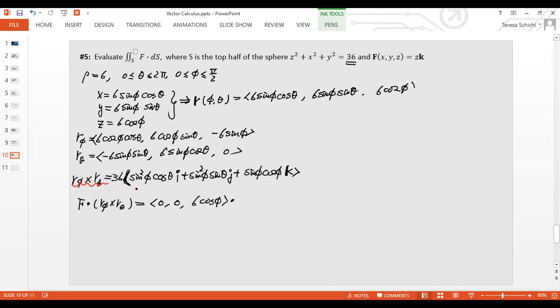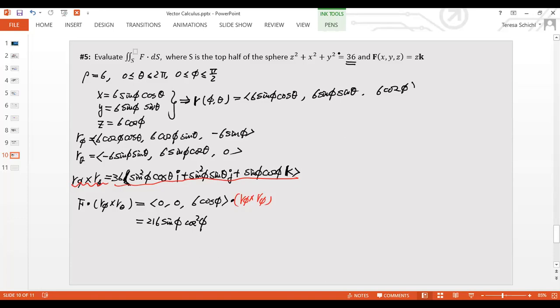Whatever is here, you dot product with r phi cross r theta, right? So you just plug in here. Okay, so now the answer here will be 216 sine phi cosine squared phi.